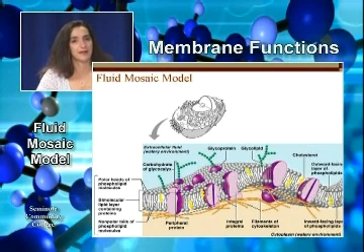Our cell membrane is described as a fluid mosaic. This means that it is constantly in motion. These phospholipids are moving from surface to surface all the time. And it's a mosaic because there are proteins embedded within the membrane. These proteins, known as integral proteins, provide transport and functionality to our cell membrane.